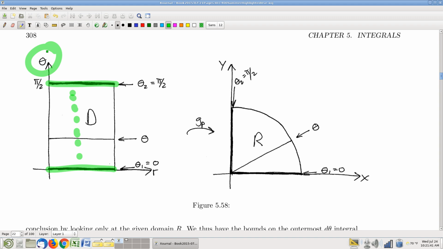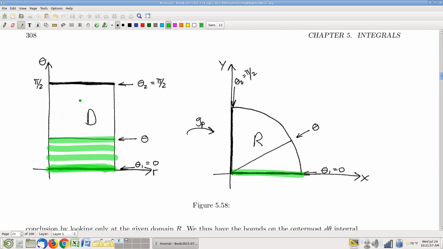But here's the thing: this little slice right there, we know that corresponds to that right there. And as these slices proceed, you can see what those slices look like as well, and so on. It ends there.